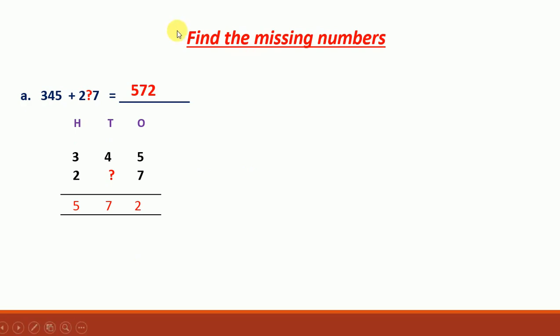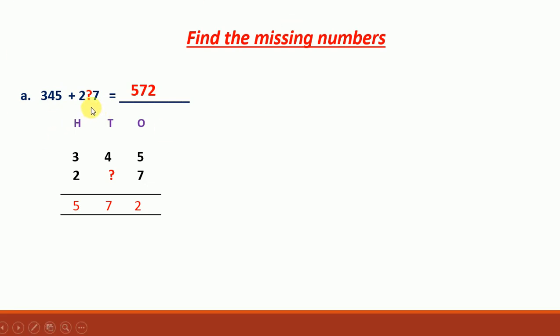Now we are going to find the missing numbers. So see the numbers. The first number is given, 345 plus another number, it has 200 and we don't know the digit at the tens place.